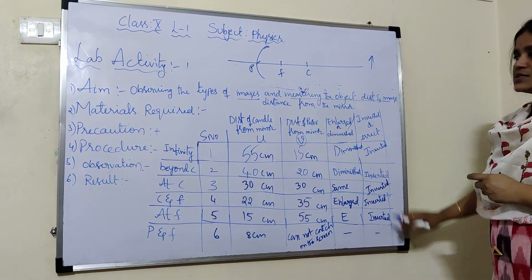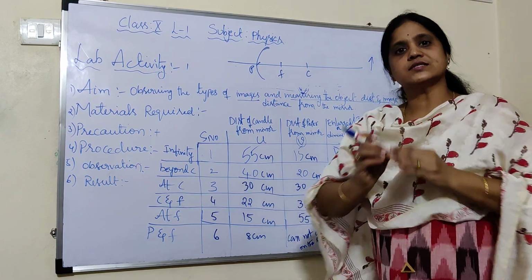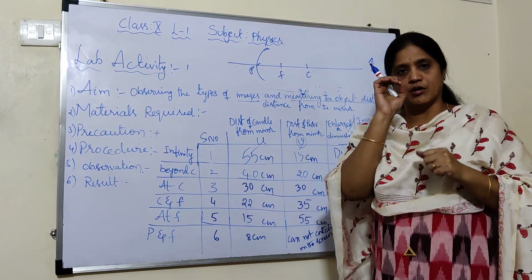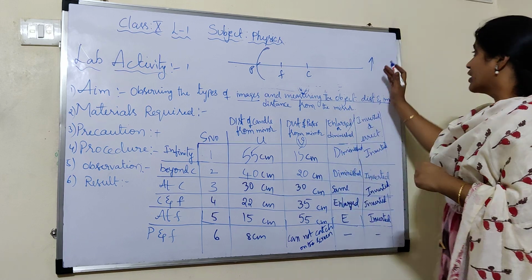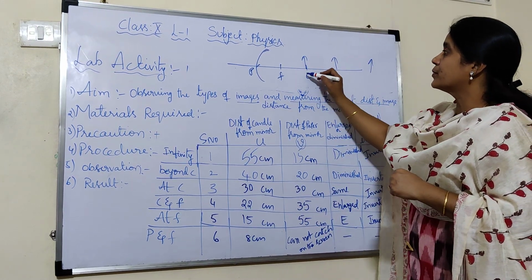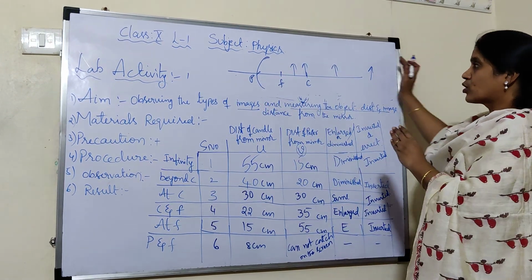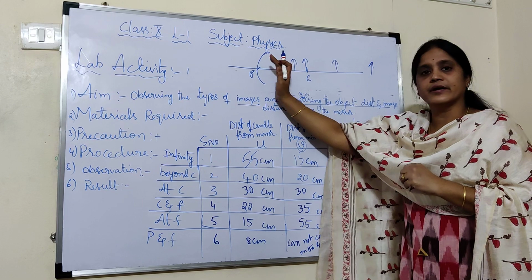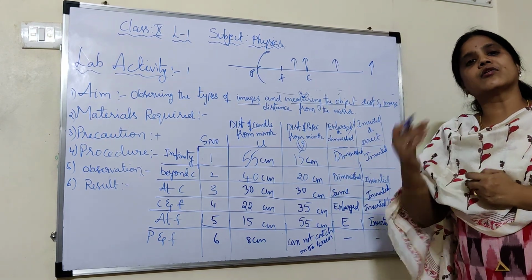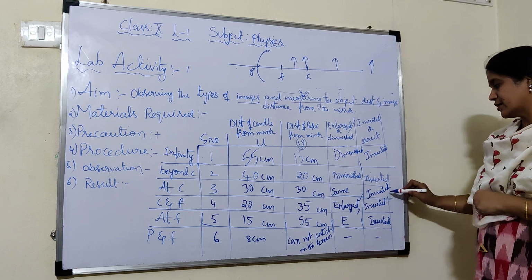When an object is far, we will get always a point image and a sharp diminished image. But when you move from beyond C and at C and between F and C and F, like that, when you bring closer to the mirror, we'll get the enlarged images and inverted images.